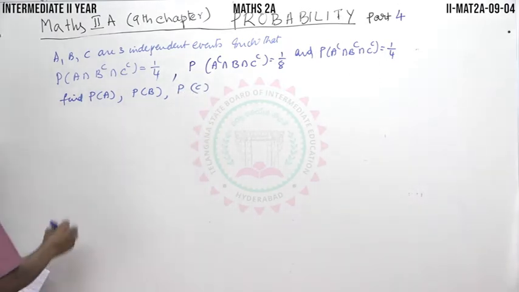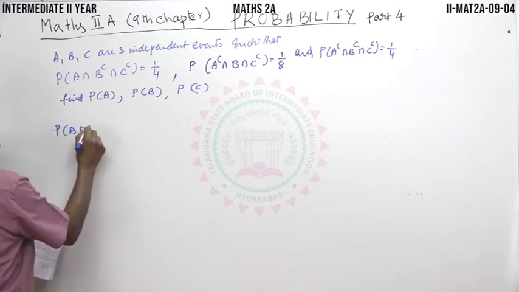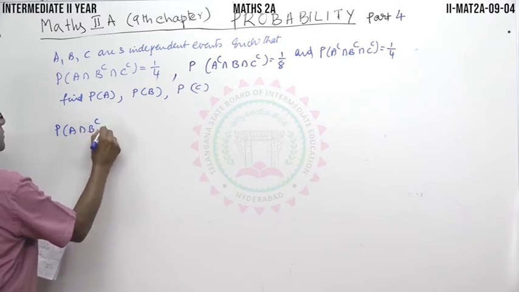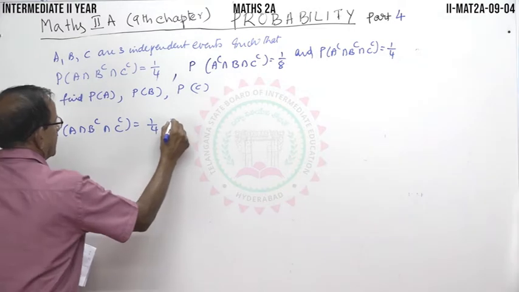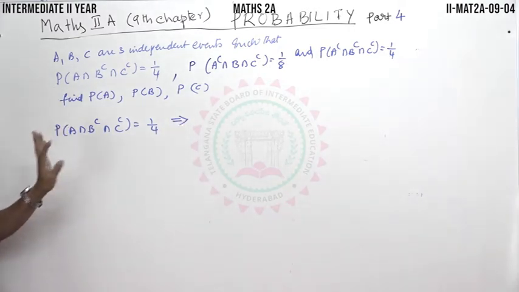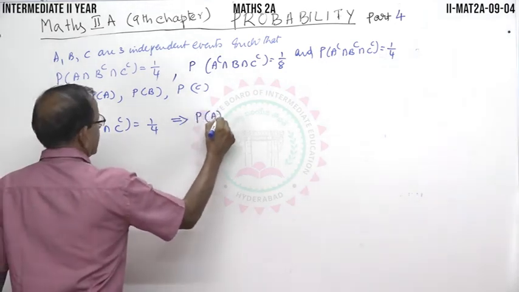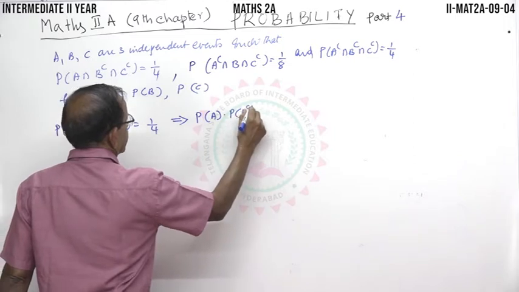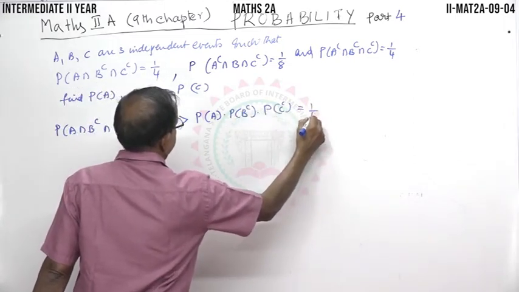Now, P of A intersection B complement intersection C complement is 1 by 4. This implies, because these three are independent events, P of A into P of B complement into P of C complement is equal to 1 by 4.